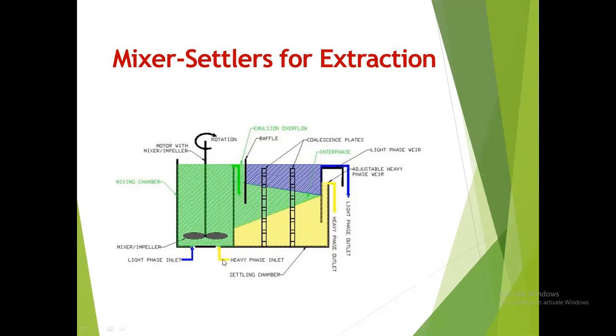So heavy phase is your feed, light phase is your solvent. They are mixed here, and once mixed, the mixed portion is now separated into two layers. The heavy phase layer is your raffinate layer. They're separated after equilibrium is reached, and you have the light phase layer here, which is your extract. But this is still your mixer settler type of equipment.